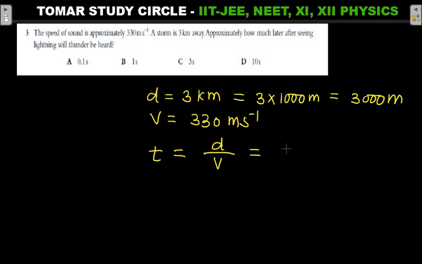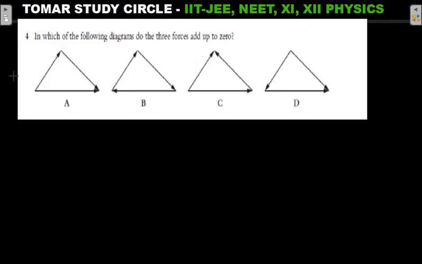That is equal to 3000 meters divided by 330 meters per second, which is approximately equal to 10 seconds. And the correct answer is C, 10 seconds.